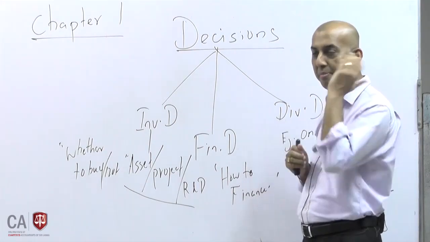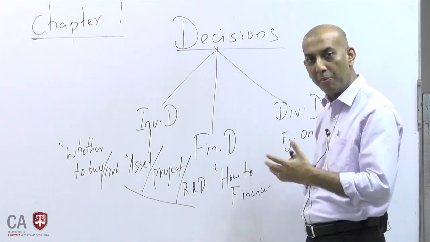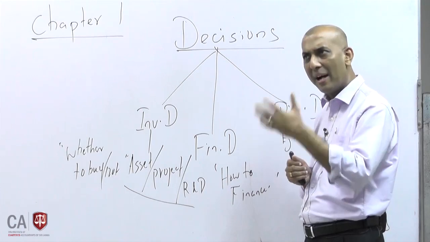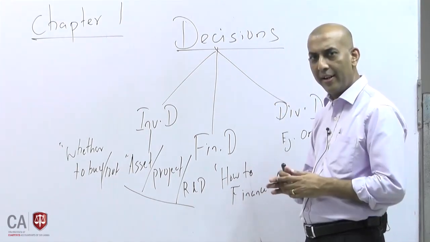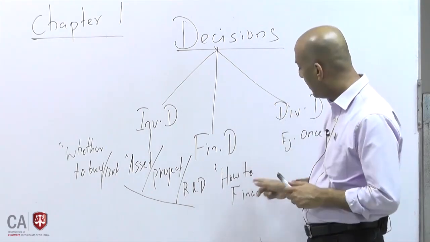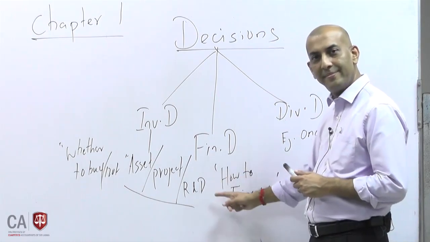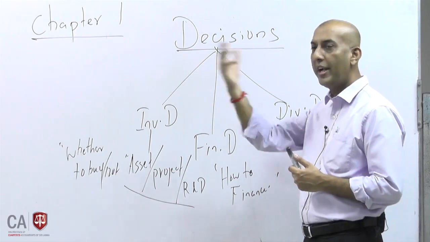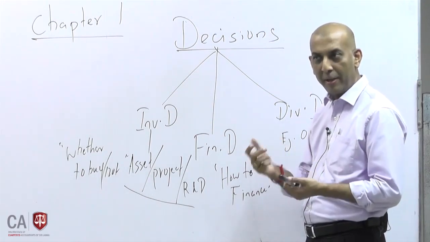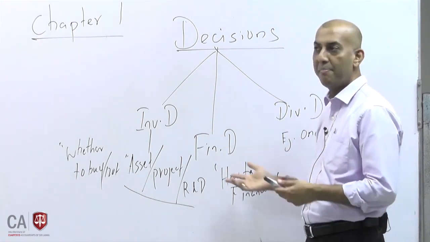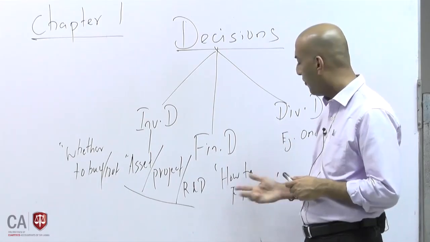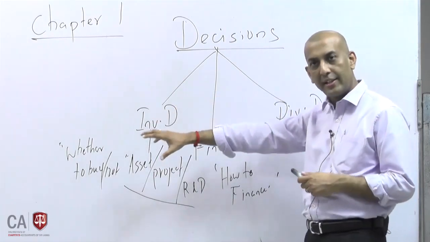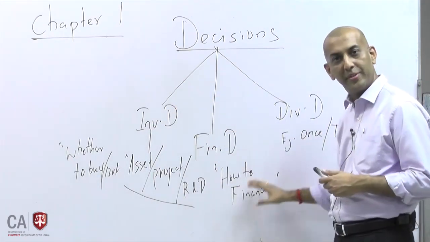So I decide I will buy land worth 5 million rupees. But that land buying decision will push you to decide how to finance. Am I going to borrow money and buy that 5 million? Or am I going to raise money for my company and buy the land? Or might be I look at another option of financing. So please note, the investment decision results in financing decision also.